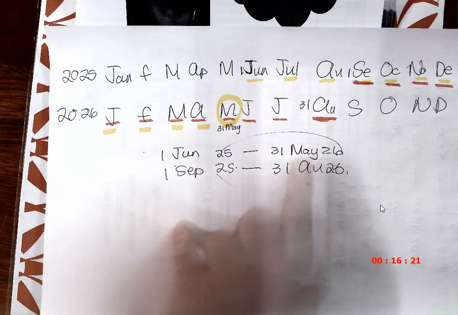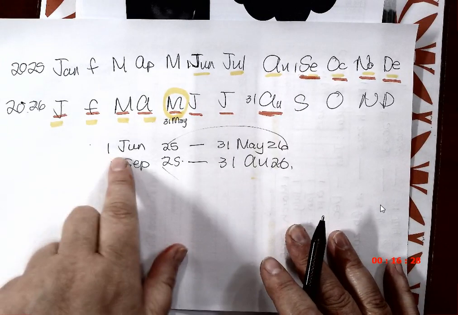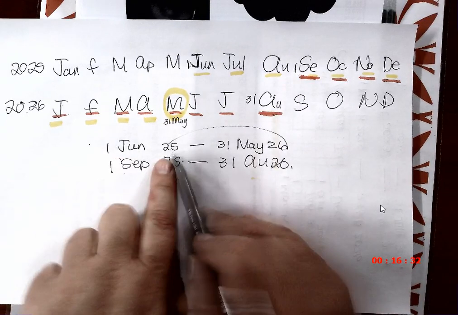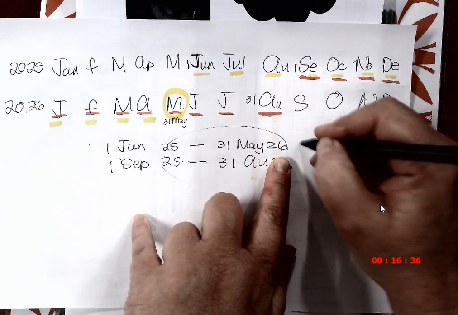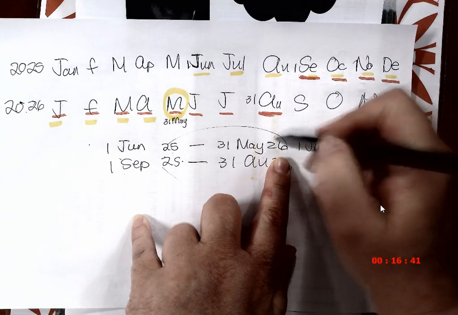Because if I say to you, listen, your financial year starts 1st June 25, it ends 31st May 26. When does it start again? 1st of June 26. Can you see? The next day the year starts.